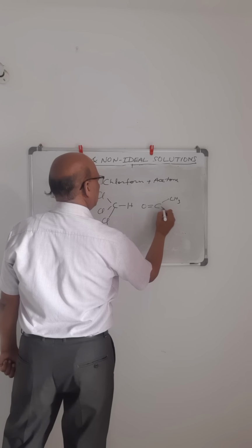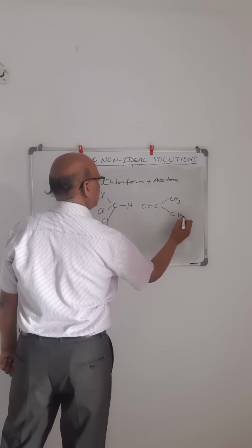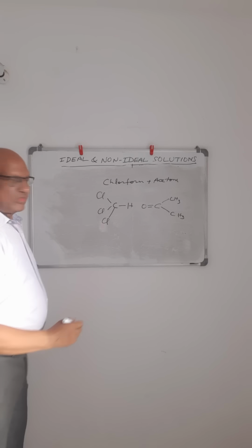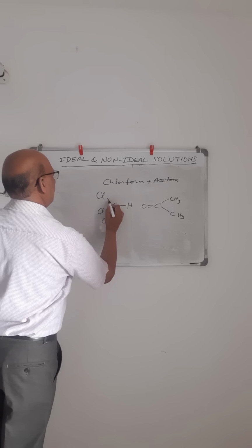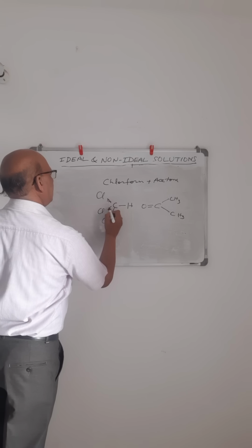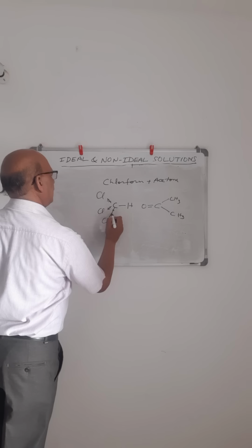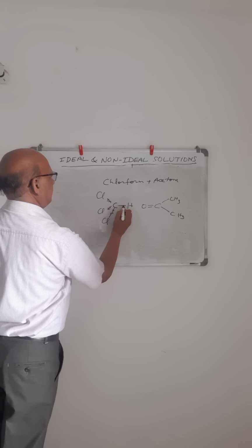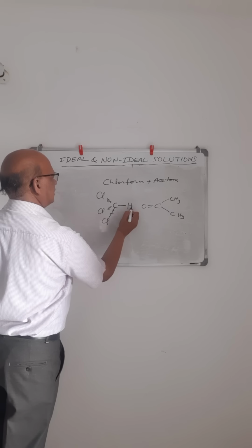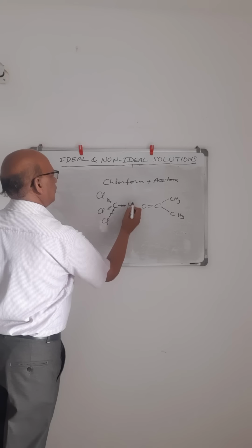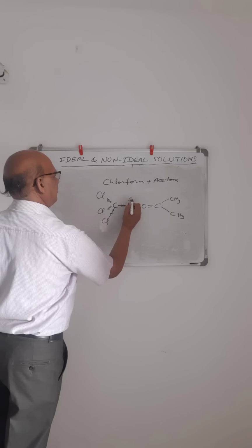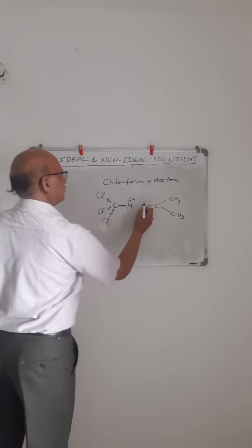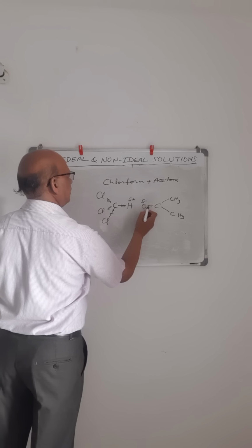CH3 CO CH3. Okay. Now this chlorine being more electronegative will pull the electrons from carbon, and this carbon will pull the electrons from this hydrogen. So ultimately this hydrogen will have delta plus, and this oxygen is delta minus, and it also has lone pairs.